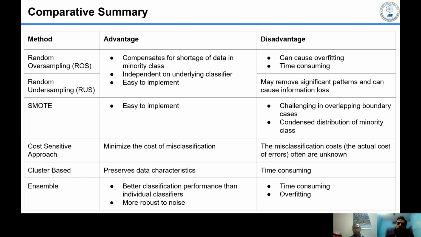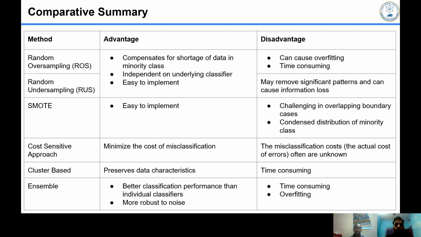Oversampling has shown a tendency to overfit, while with undersampling we might miss out on important information because we are selecting only a part of the information from the entire majority class sample.